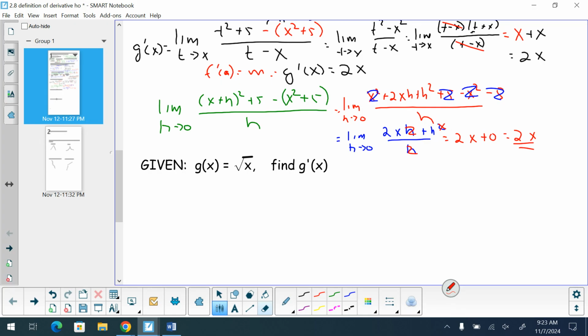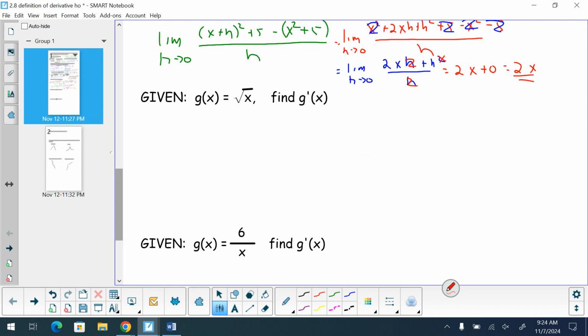And then the alternate is f of t minus f of x over t minus x. I find it a little bit easier working with the second one. Because if we take a look at the second one here, we have g of x equals square root of x.